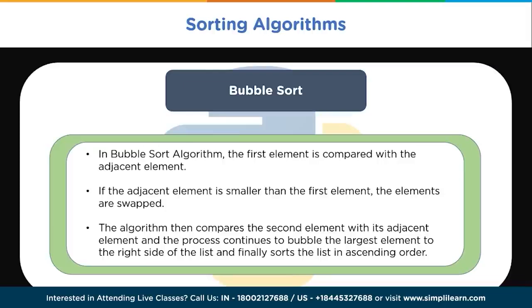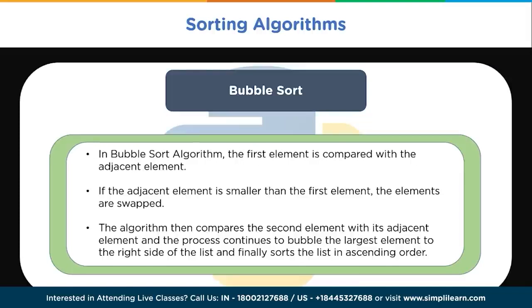Basically, bubble sort compares two adjacent elements and swaps them until they are in the intended order. Just like air bubbles in water rise up to the surface, each element of the array moves to the end in each iteration. Therefore, it is called bubble sort.